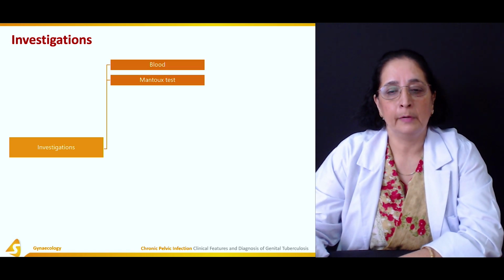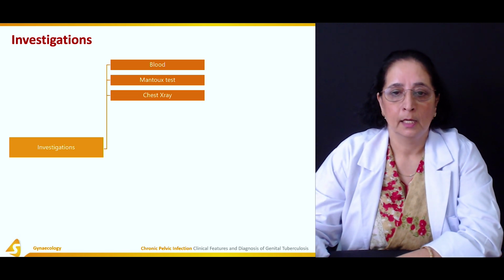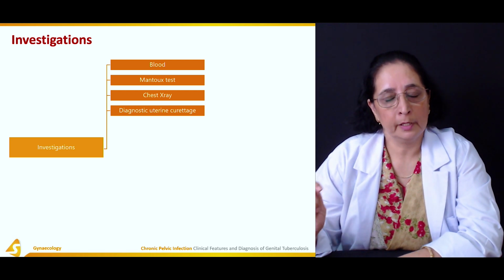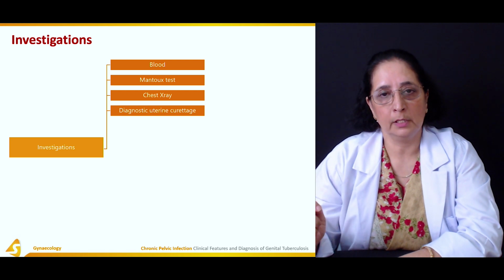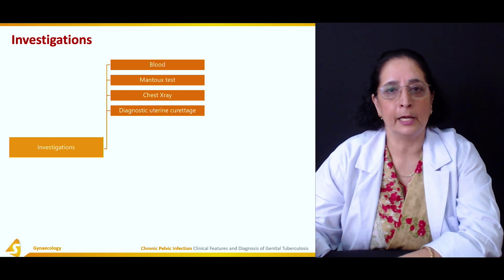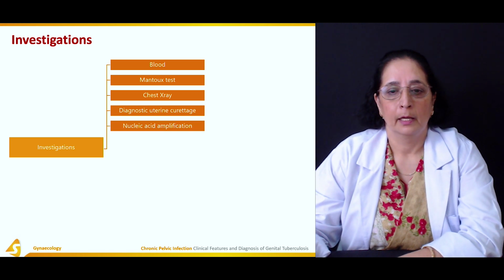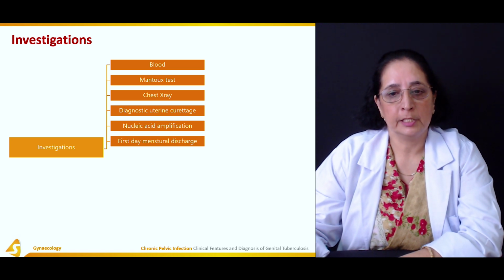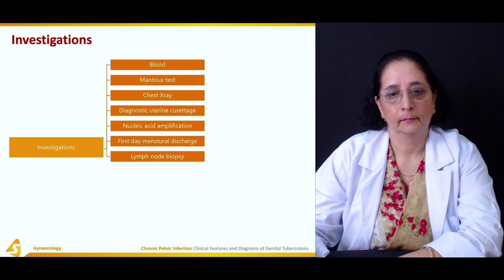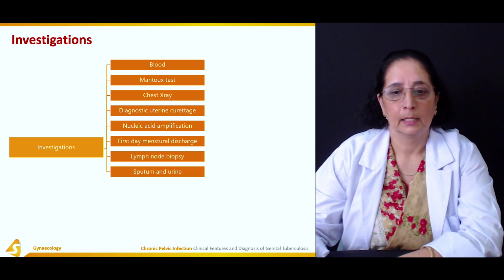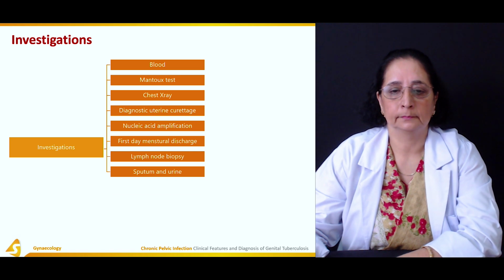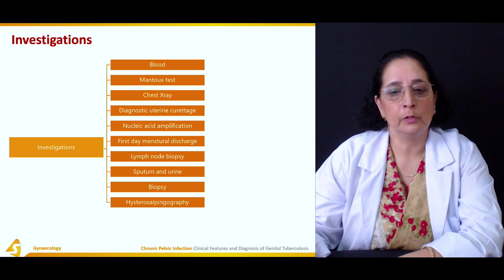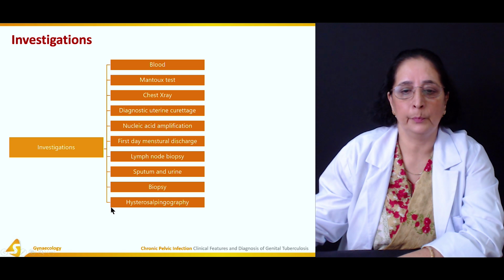In the blood test, we have Mantoux test, chest X-ray, diagnostic curettage of the uterus to do tests on the endometrium, then nucleic acid amplification test, first day menstrual discharge, lymph node biopsy, sputum and urine test, and then again biopsy and hysterosalpingography. This is the test done on the fallopian tube.